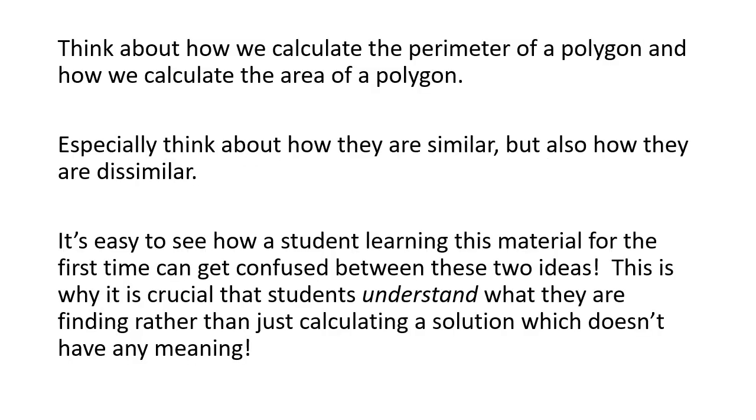Think for a second about how we find the perimeter of a polygon and how we find the area of a polygon. You can see there's a lot of similarities. If we just start with rectangles, this basic quadrilateral, then the area is the base times the height, and the perimeter is the base plus the height plus the base plus the height.